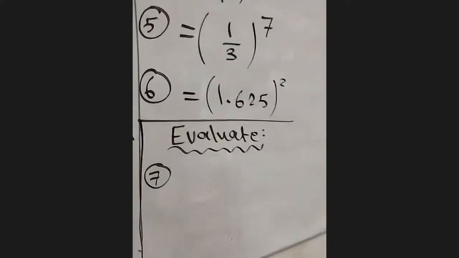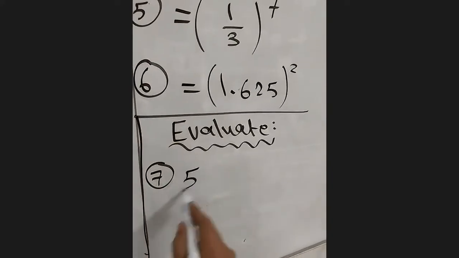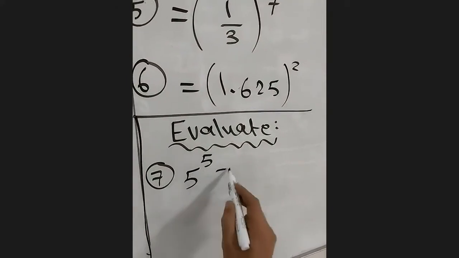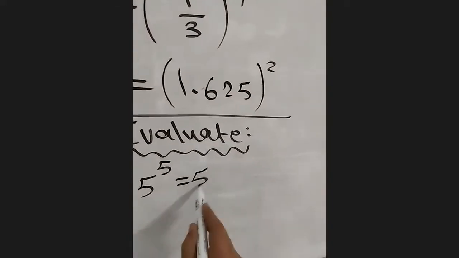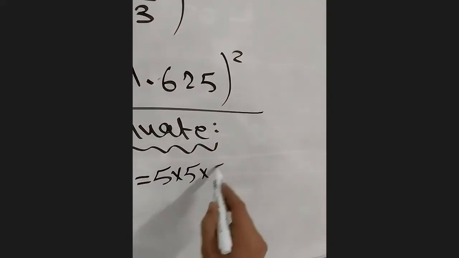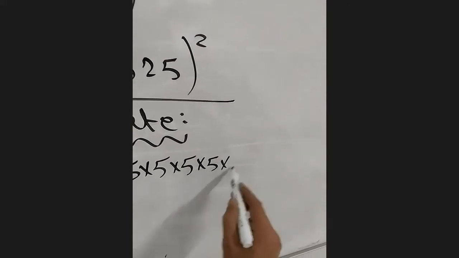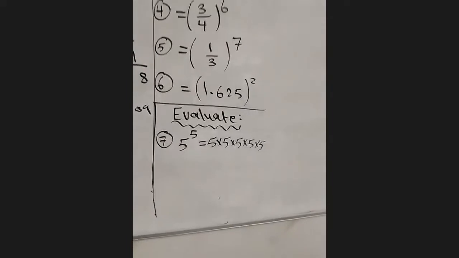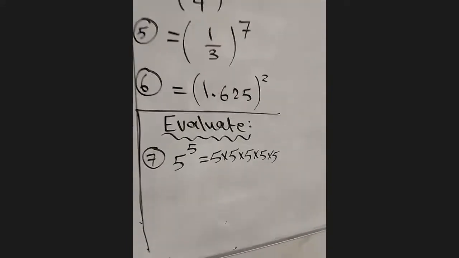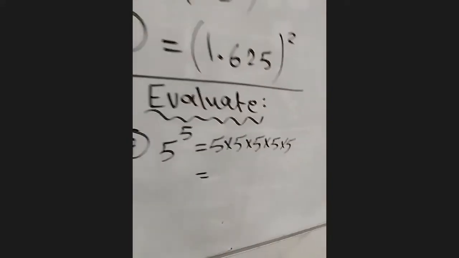What we have? 5 to the power of 5 equals 5 multiply 5 multiply 5 multiply 5 multiply 5. 5 times, right? Yes. 1, 2, 3, 4, 5. So we have 5 times, or 5 to the power of 5. Now, how do we multiply, mister?